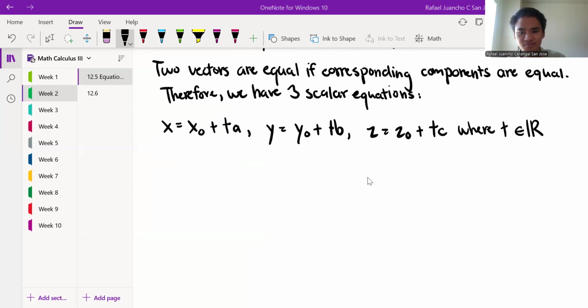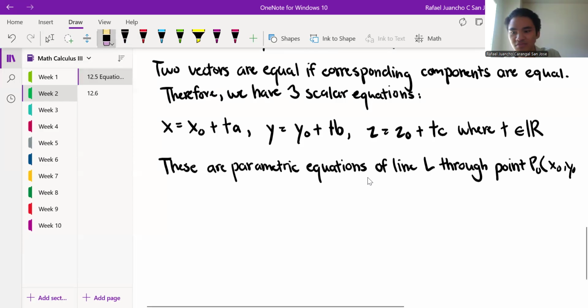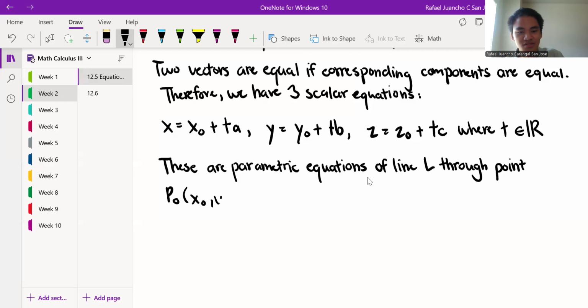These are called parametric equations of line L through point P naught, x naught, y naught, z naught.